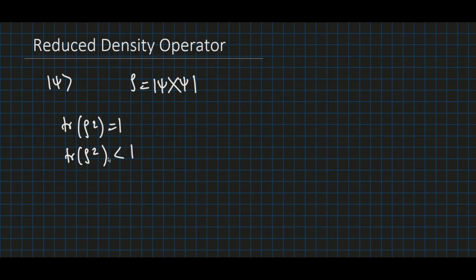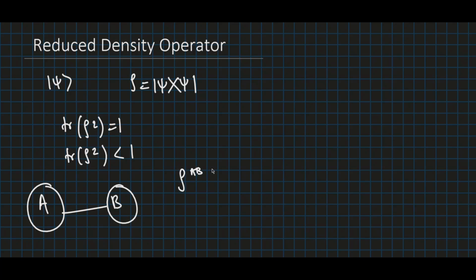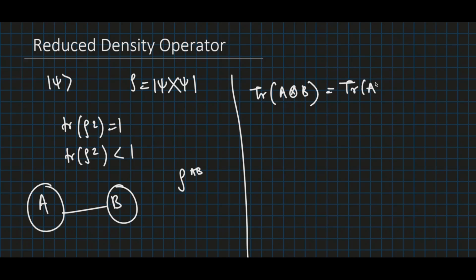Now moving further with the concept of density operator, let's take a composite system A and B described by the joint density operator rho AB. Now we know that trace of the composite system A and B would be equal to trace of A into trace of B. On the same note, we can define the partial trace.